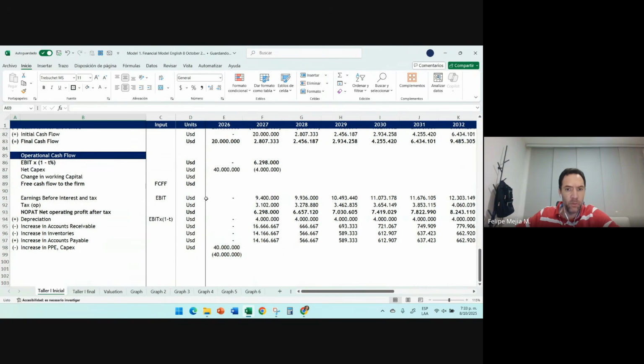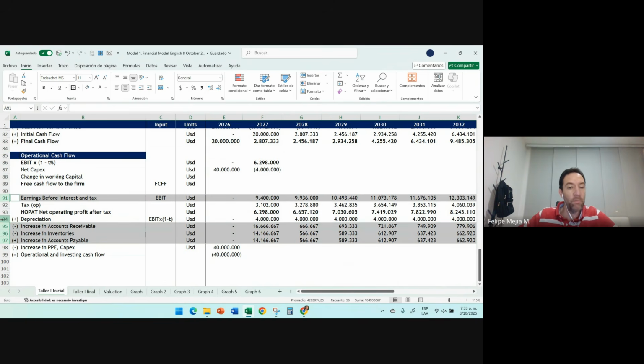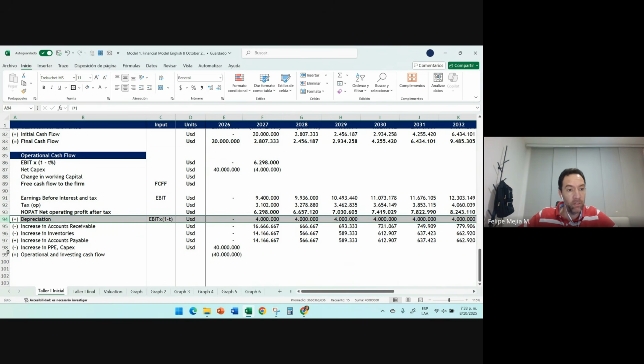So let's move here to our operational cash flow. Actually, this name should be called operational and investing cash flow. I don't know why it's called only operational cash flow. It combines both operational and investing activities.